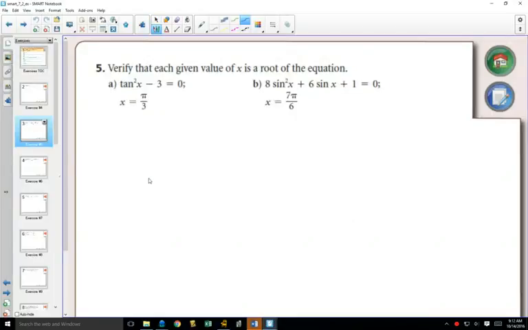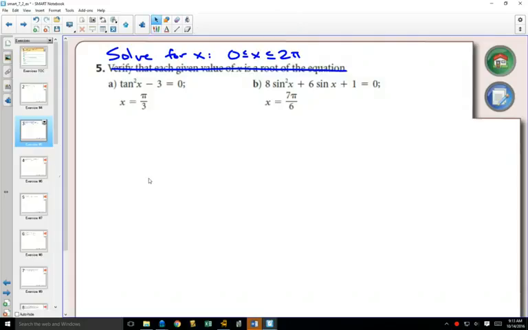So for question 5, instead of verifying, and all verifying means is that you would plug in that answer into the equation and see if it works, I want you to solve for x between 0 and 2 pi for each of those. Before we do that, we are going to do example 4 together.